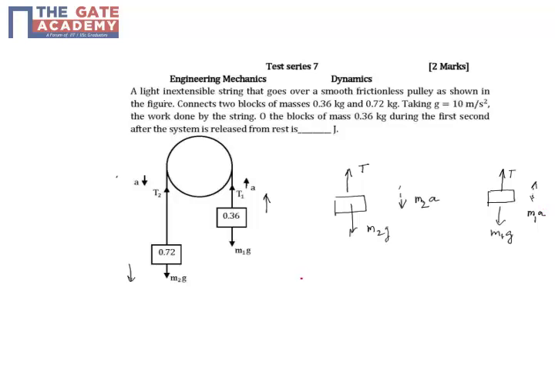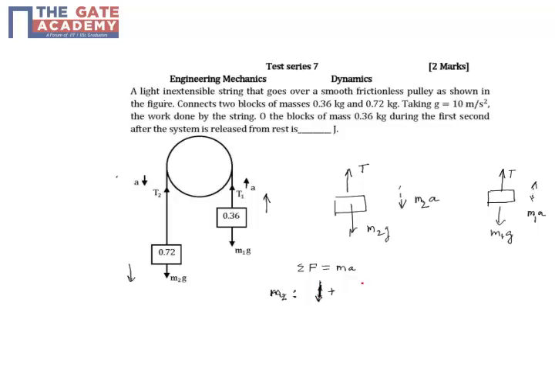Okay, so now we'll just use Newton's second law for each of the systems, that summation of force is Ma. So for the mass M2, for mass M2 we will take the downward direction positive because the acceleration is downward.